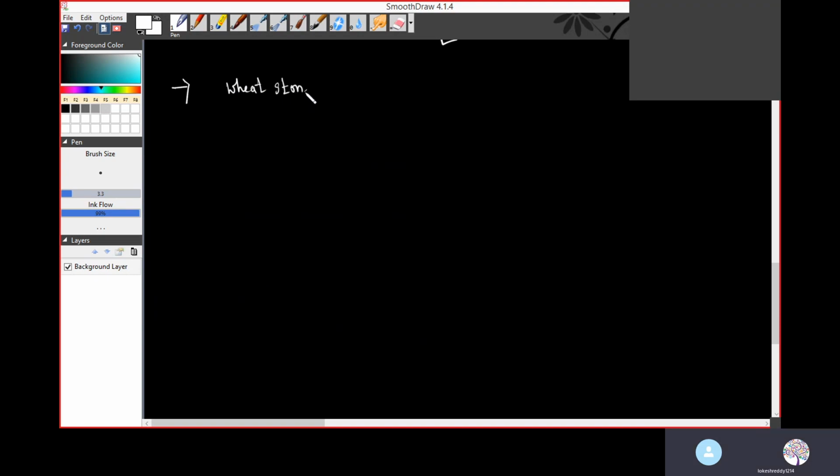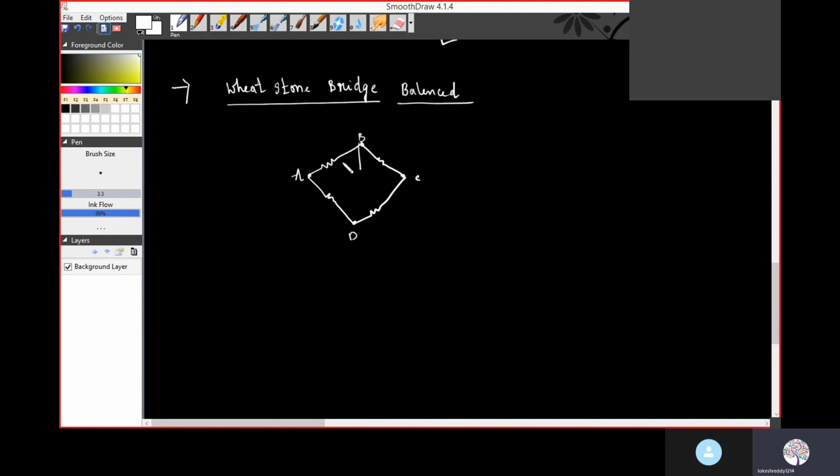If the resistors are like this, say this is A, B, C, and this is D, and you have a galvanometer between these two.